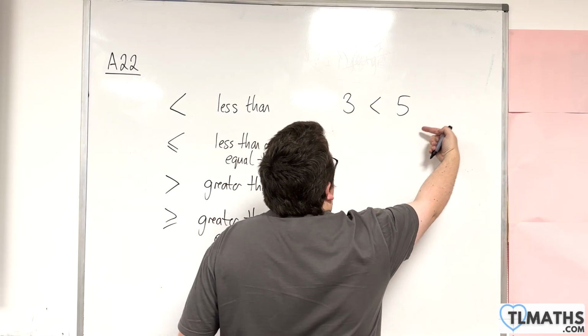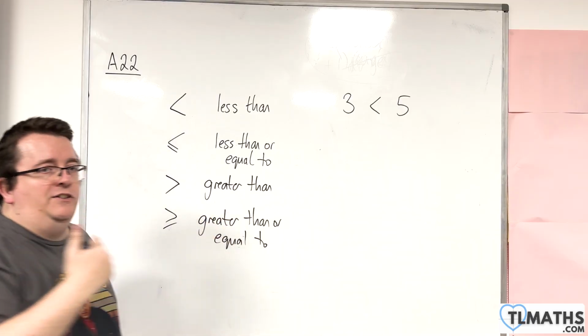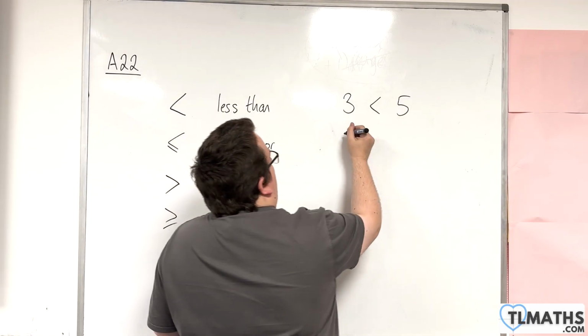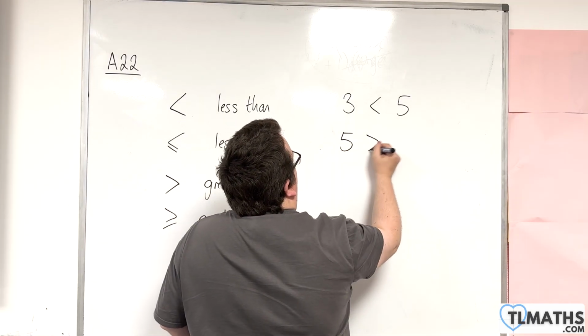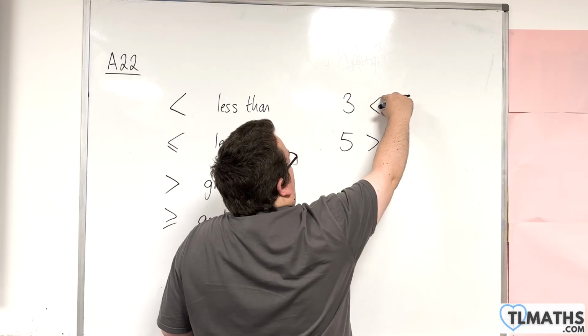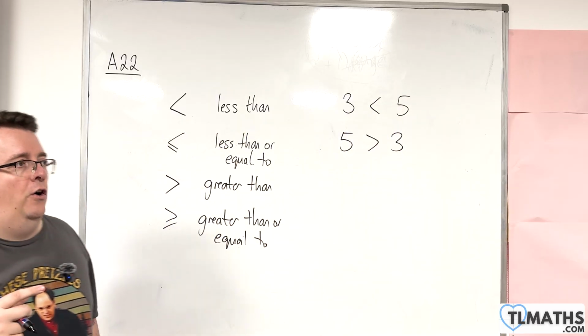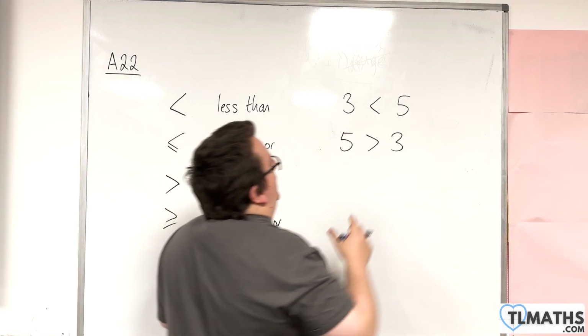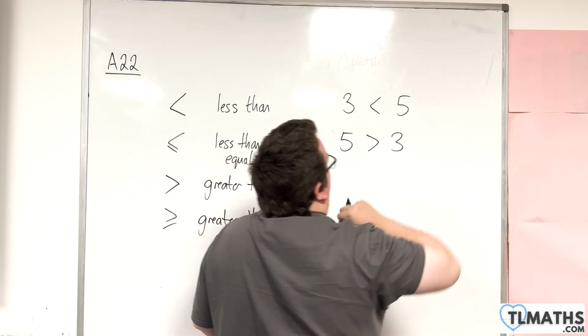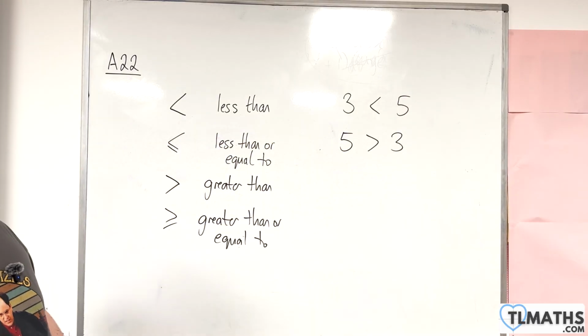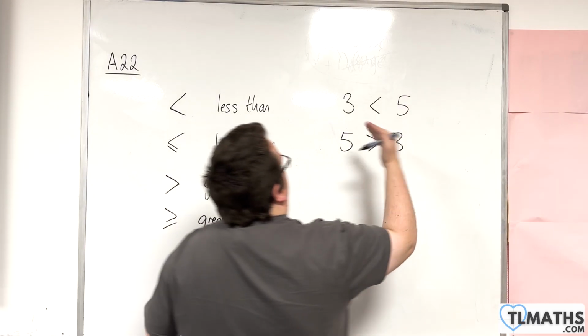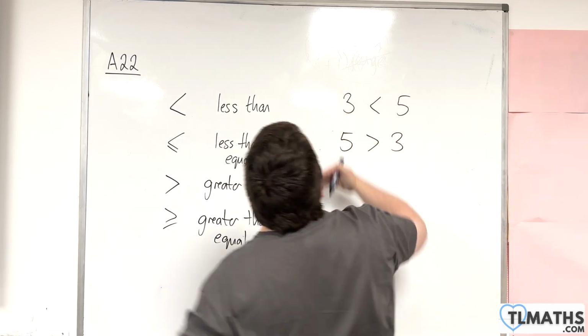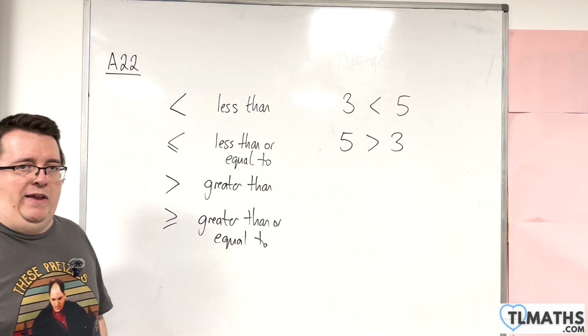When you're going from right to left, you're interpreting it in the same way, because the wider bit of the symbol is next to the larger number. So you could read it either way, and it means the same thing.